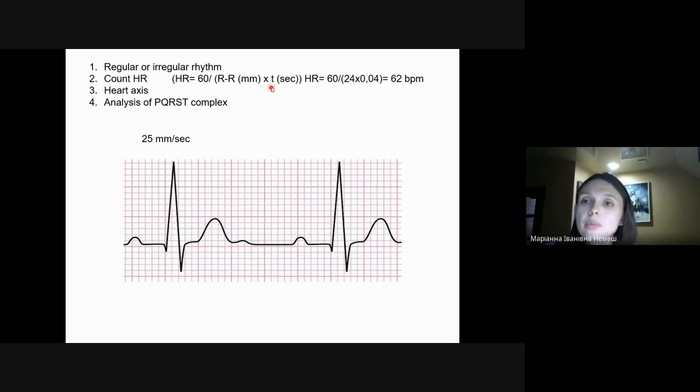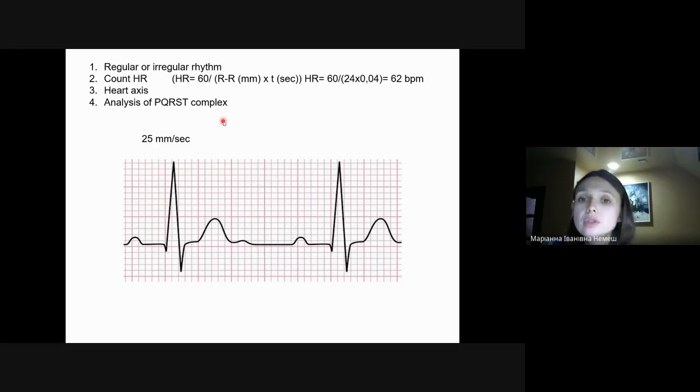And then you should multiply by the time, which is presented in seconds. As we know that it is a 25 millimeter per second strip, we need to multiply by the time of the small box. We know that a small box is 0.04 seconds. So generally when we calculate, as the result we are going to receive 62 beats per minute.